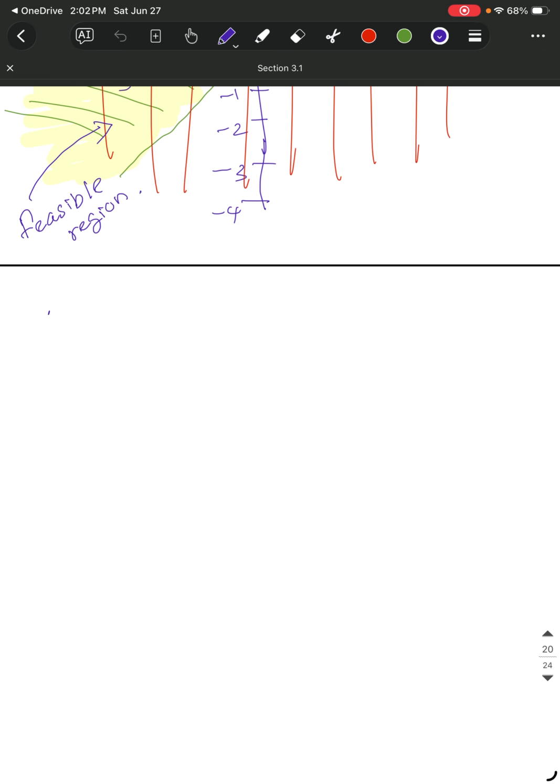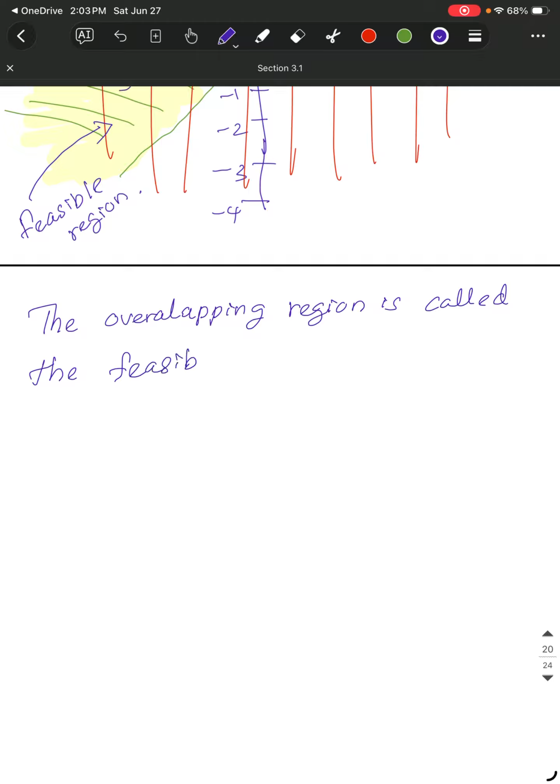So the overlapping region is called the feasible region.